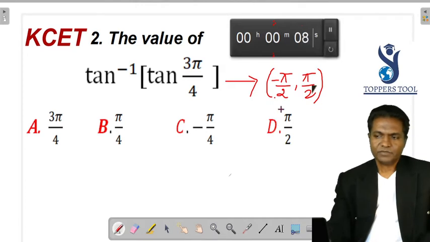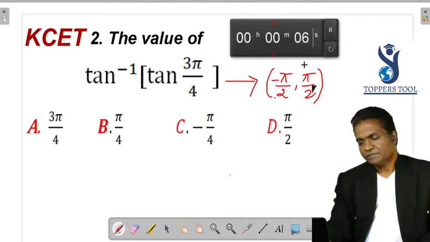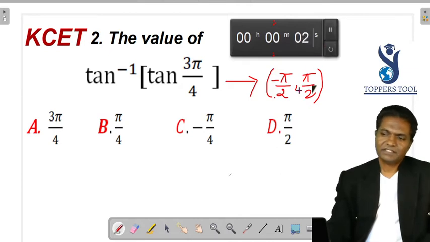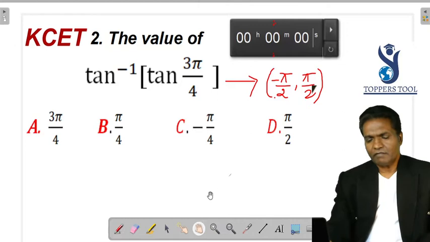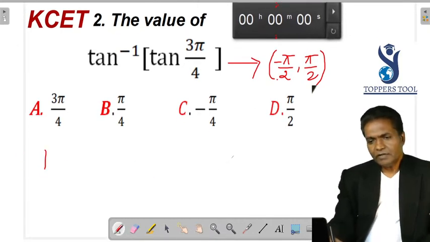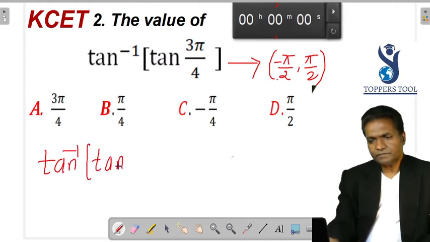Last 5 seconds. If you have done it, check your answer. Look here: tan inverse of tan 3 pi by 4.